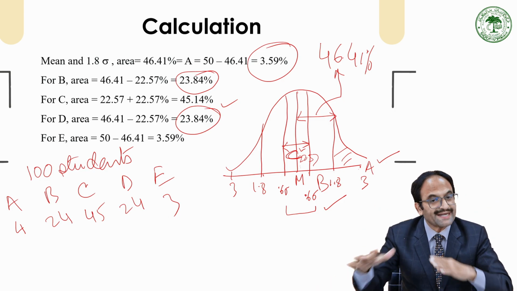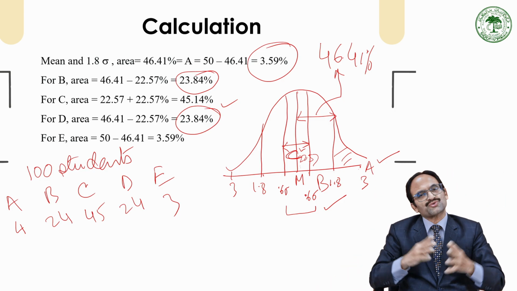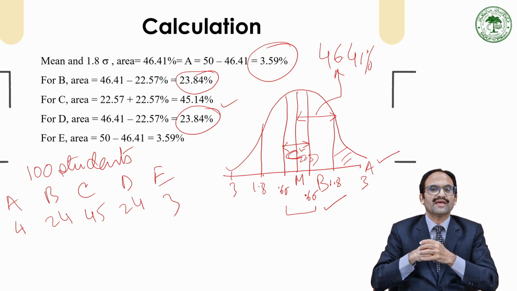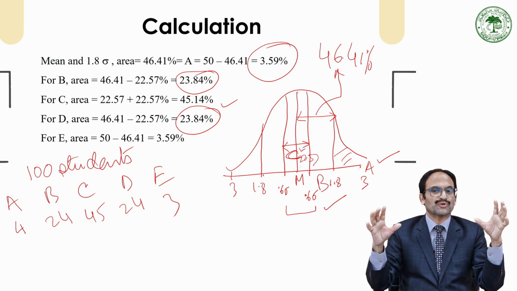So, in a nutshell, 100 students were there and you were required to classify them into 5 subgroups.